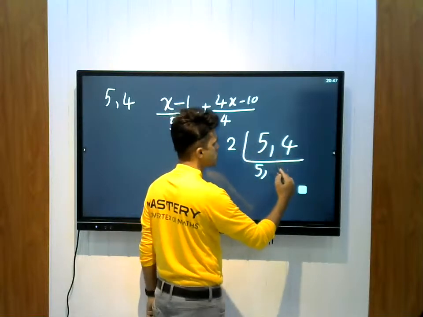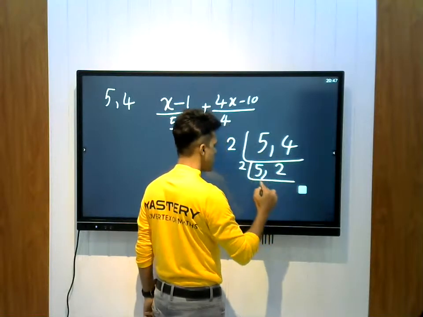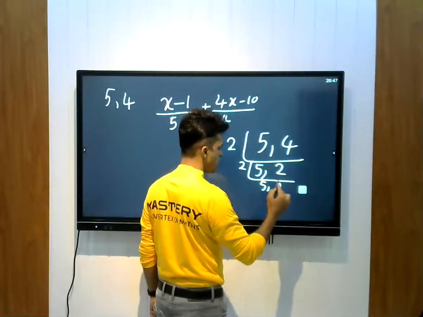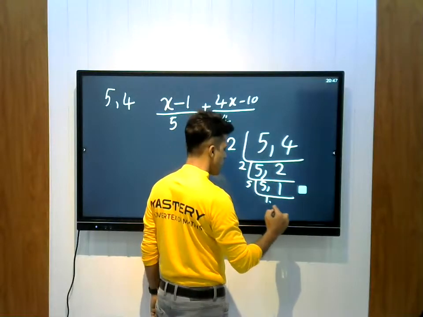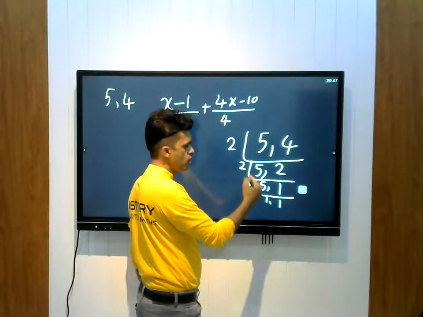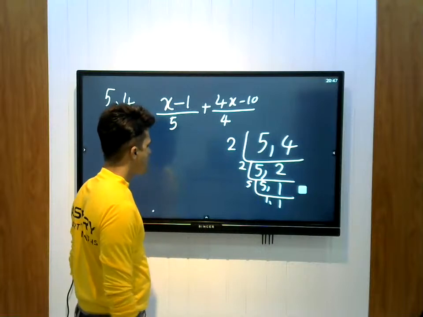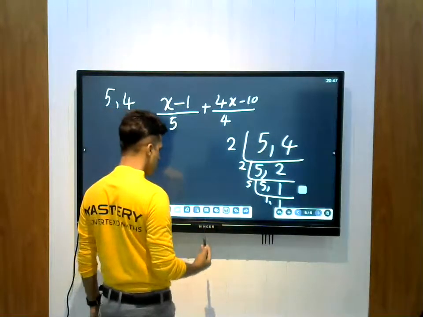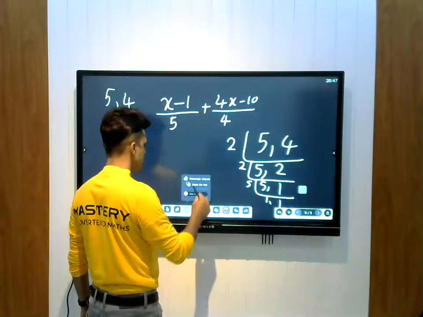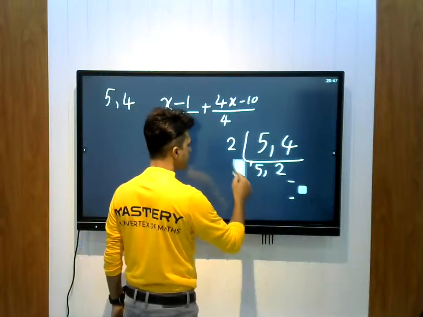Then 4 over 2 is 2. Again divided by 2, then here 5, 2 over 2 is 1. So divided by 5, 1, 1. 2 times 2 times 5 is 20. So the LCM is 20. Bear in mind it. So the LCM is 20.